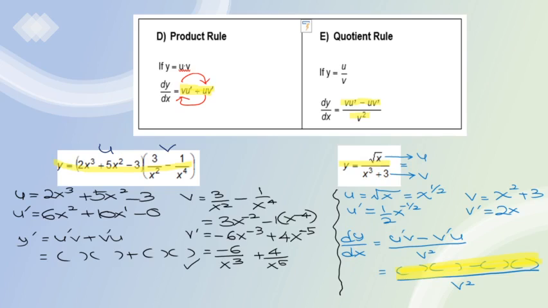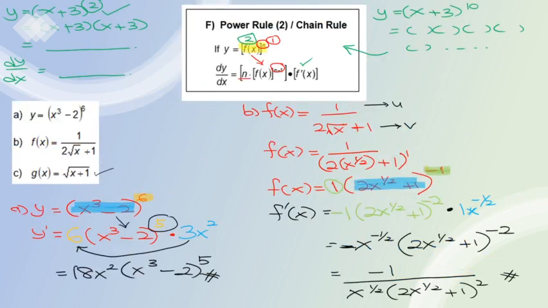And then the top one, if you can simplify or expand, go ahead. If not, just copy it. Okay, finish that one. And last one, F is power rules number 2 or chain rule.